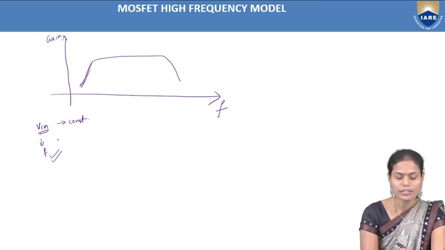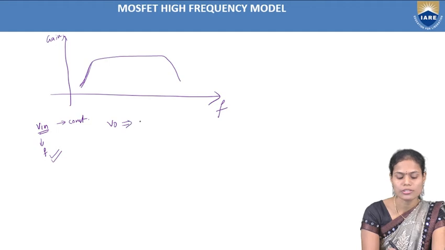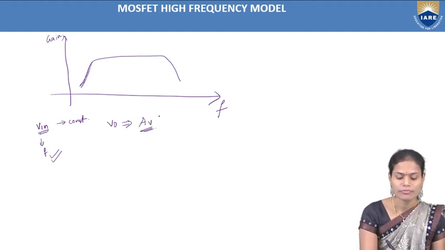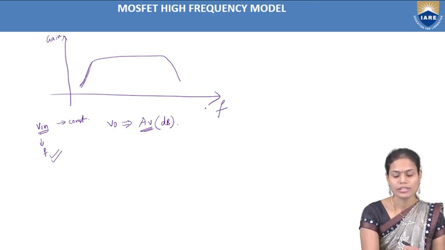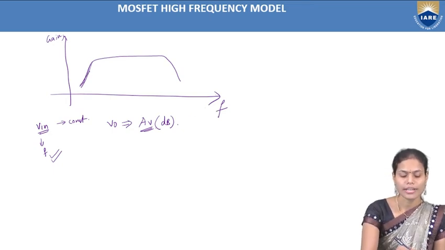Once we vary the frequency of the signal, we will get different output voltages. From these output voltages, we can calculate the gain, and this gain we have to represent in dBs. So if we draw the curve between frequency versus gain, we will get it like this.